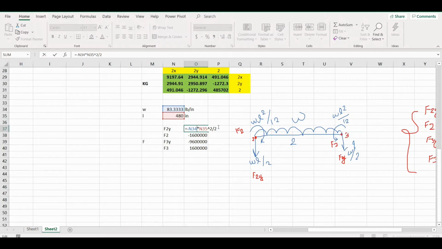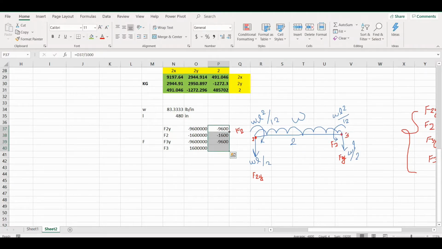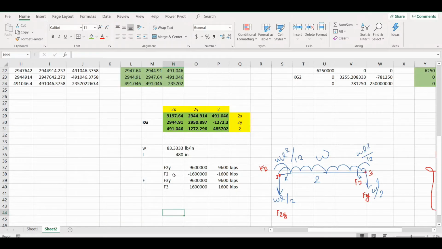Now I can just divide this by 1000 to obtain it in kips. Now we are focusing on degree of freedom 2x. There is no force acting in 2x, so we have 2y and 2.